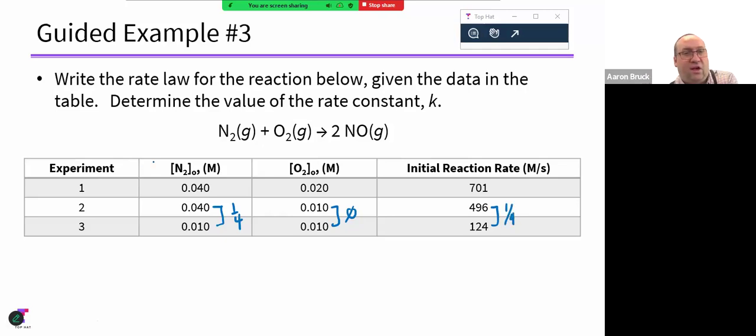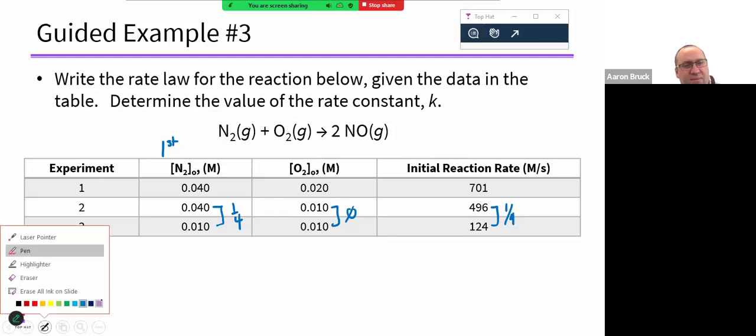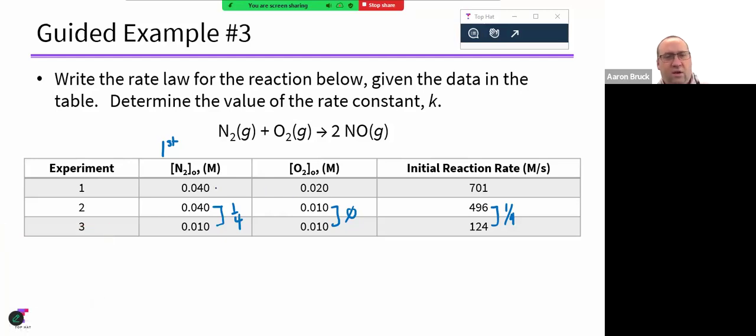You recognize pretty quickly, okay, this is first order. Walking around, pretty much saw first order nitrogen written on everybody's page. Great, fantastic.